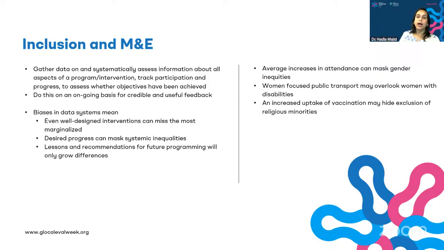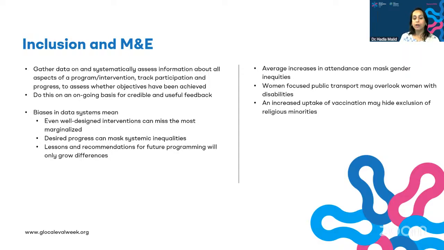Let's say that I am doing a monitoring and evaluation of an education intervention that I have put in place in the country. And I see that on average attendance is improving. But if I miss particular groups and if I am not specifically talking to girls, your average increases in attendance could mask my gender inequalities.